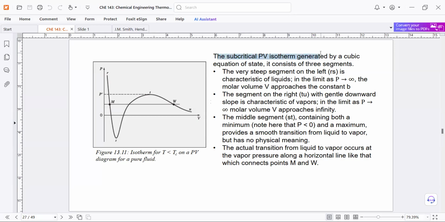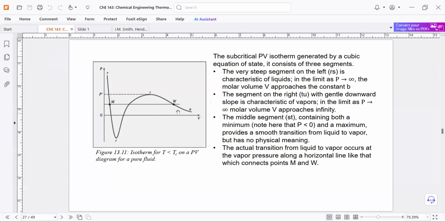And note that this trend is applicable for a subcritical pressure-volume isotherm. That means we are below the critical conditions, or critical temperature.